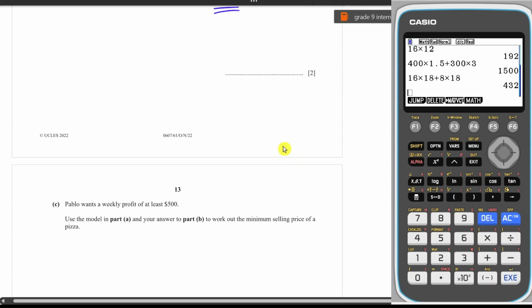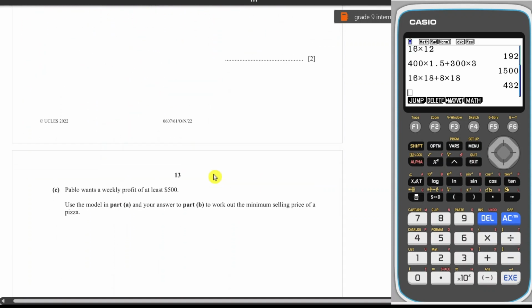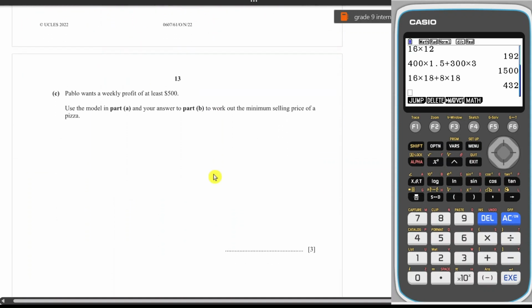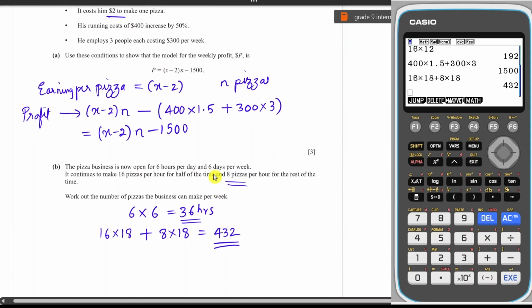So what was my model in part A? Part A, I have got x minus 2. So this is my profit, and this profit, he wants a weekly profit of 500. So I'm going to equate this to 500.